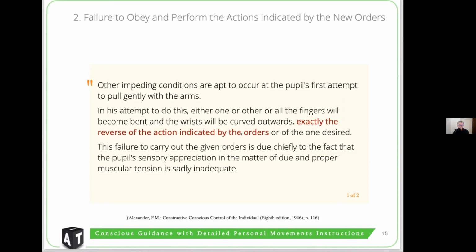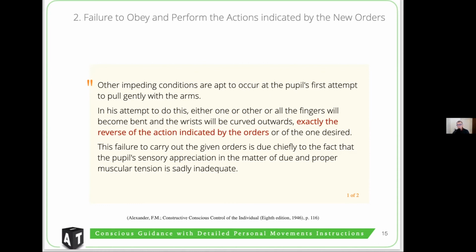As I said when I started, we are not discussing a sequence of actions one after the other and looking which action is incorrect. No, we are looking at a series of actions that have to occur all at the same time. And so this is what the technique is about. The conscious guidance technique is about the capacity to obey a series of simultaneous intentions.